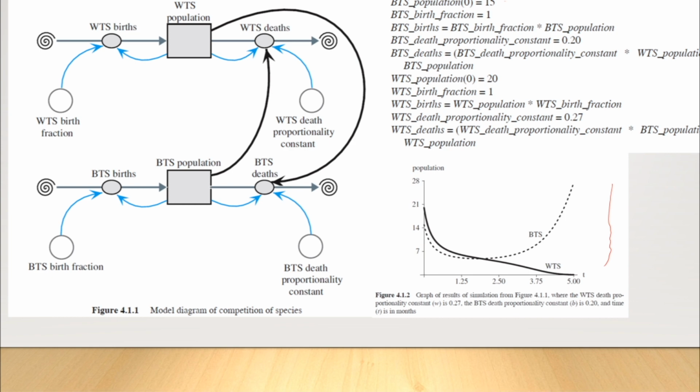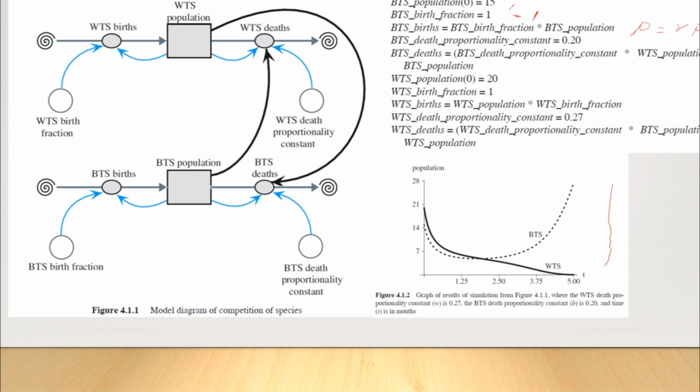So this is the initial value for one type, and the birth fraction here, we've given as 1, right, in this case. And so the births will be nothing but the population times the birth fraction, which we call births. This is the same thing that we learned as equals rP0, right?